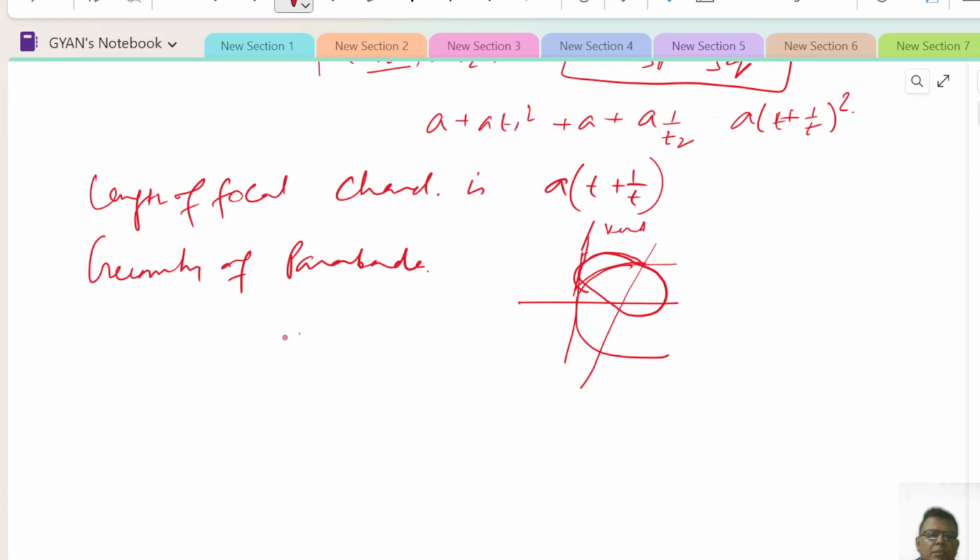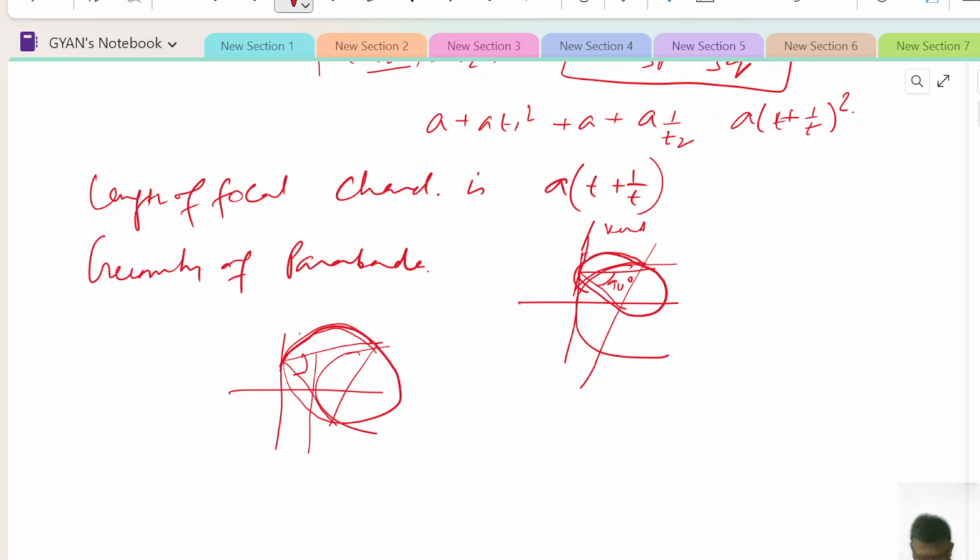Second thing, suppose this is the directrix and this is any focal chord. If you make the diameter this one, then the circle will touch the directrix. Similarly here also we are touching, so this angle will also be 90 degree because it's a circle. So two things we know.